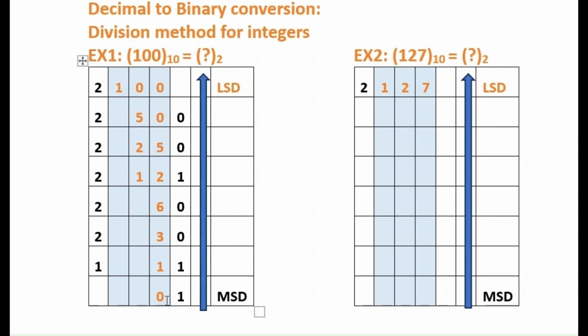So now we have to report from bottom to top. So the number will be, so that is the result. 100 in decimal is equivalent to 1100100. You can also verify it with its positional notation, polynomial expansion.